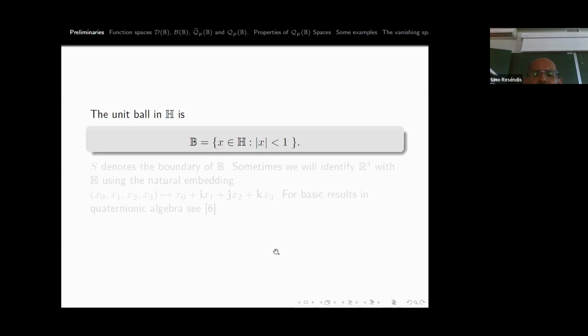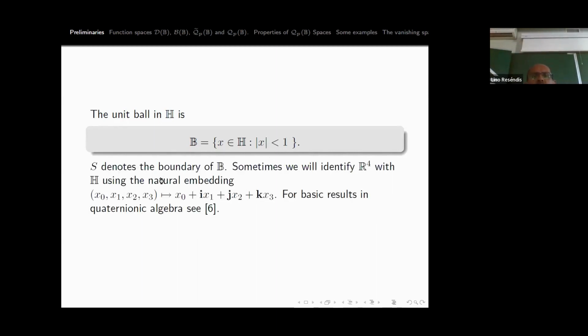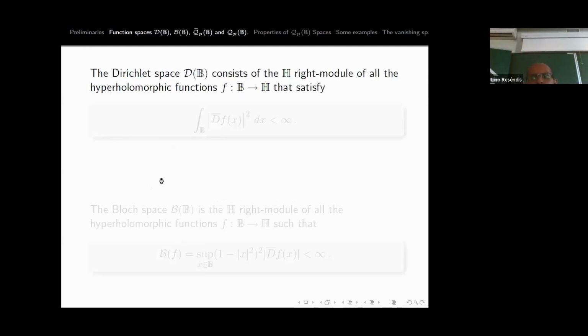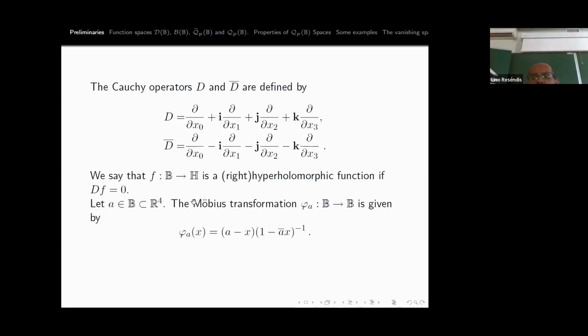Then we denote the unit ball in the quaternionic space by B, where the modulus is less than 1 in the sense of R4, and S denotes the boundary of the unit ball.